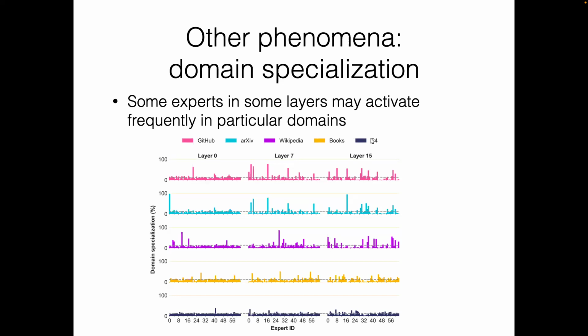What they end up discussing in the paper is that in some layers for some domains, some experts are getting activated 100% of the time. So here's maybe an archive expert, you can argue. But yeah, you'll see this type of analysis come up in different papers.